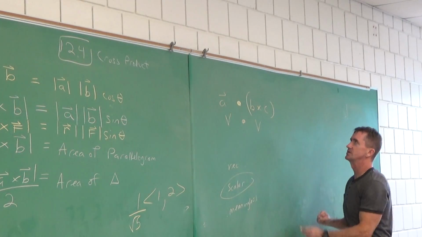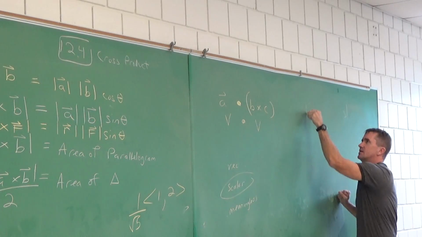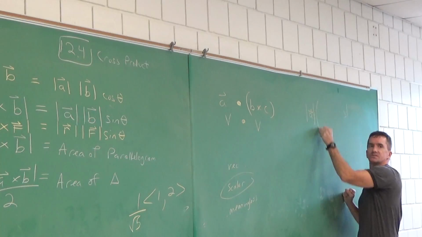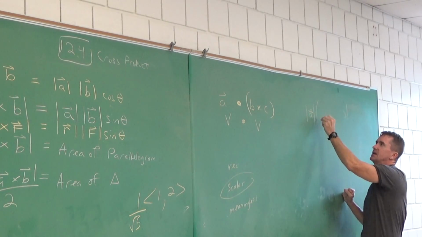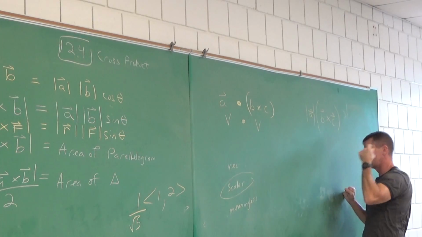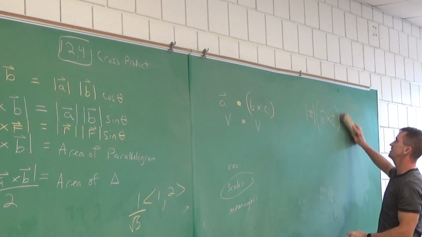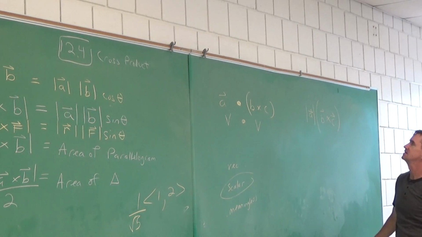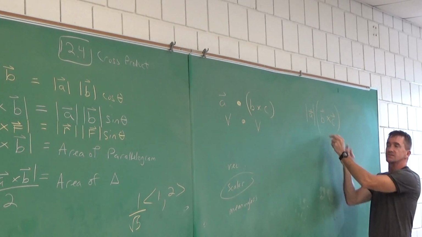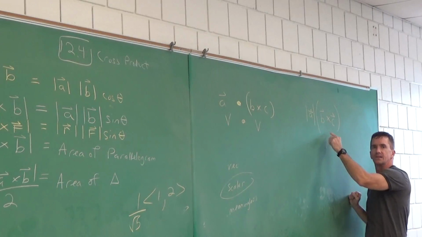I'm trying to think of another one too. How about magnitude of vector A times, so when I put magnitude on it, and then here I've got a vector B cross a vector C. Now hopefully you'll find this also has some meaning. That's a vector. But what am I multiplying to the vector?